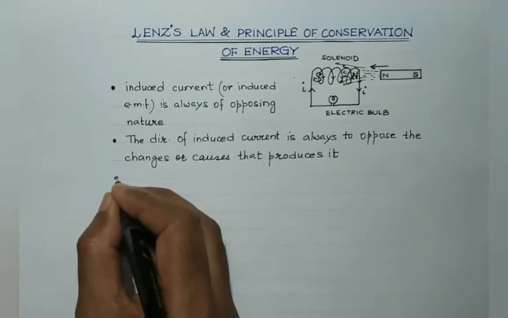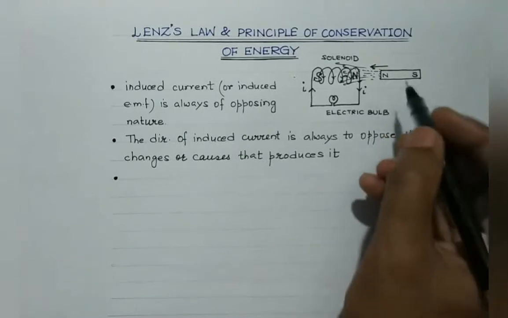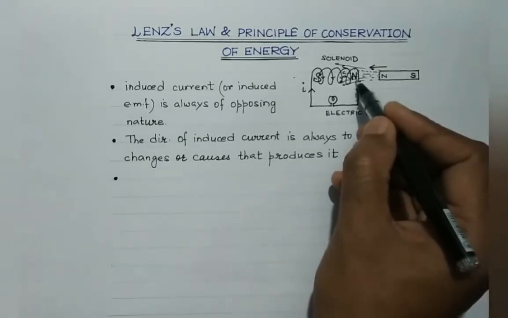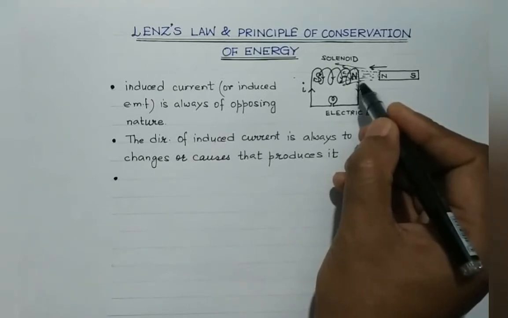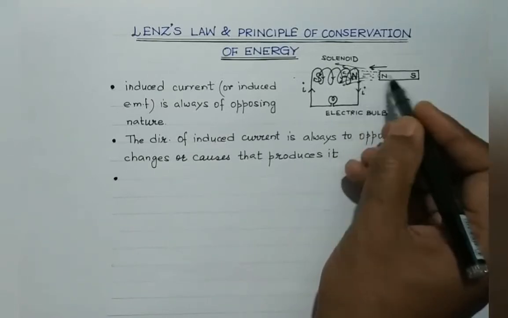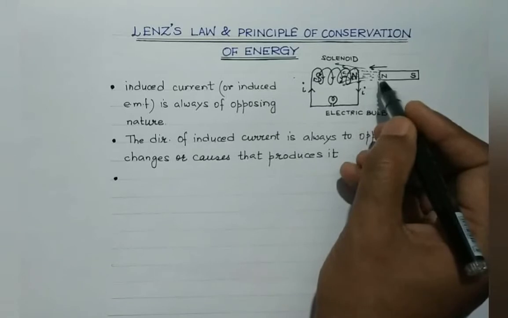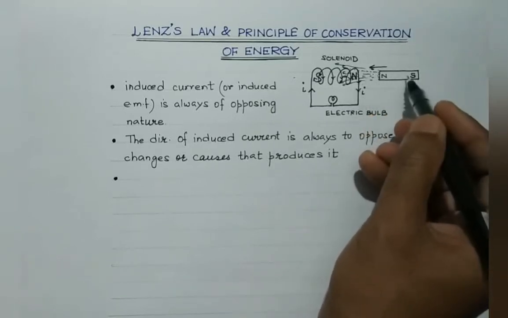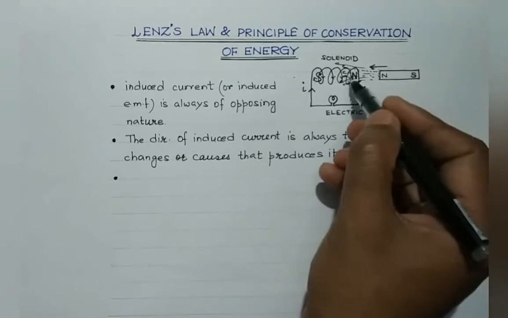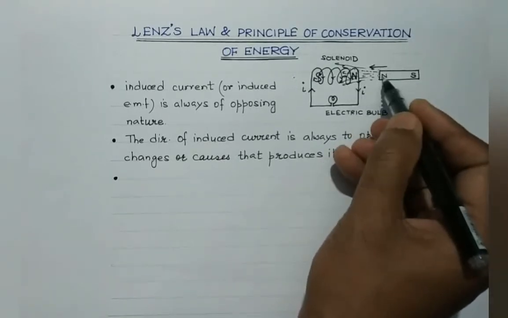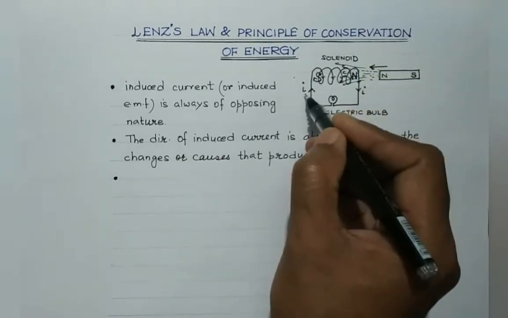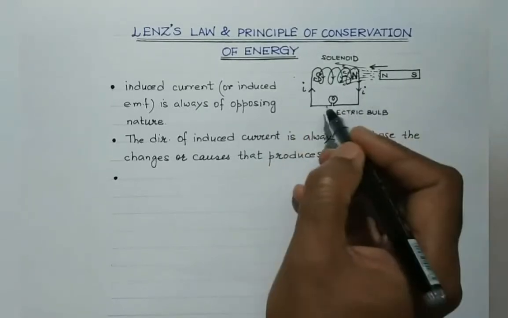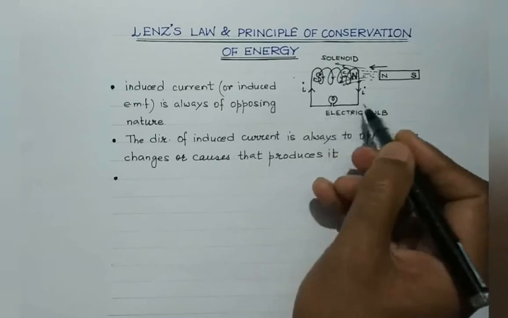And as I've stated, if this is the north pole of the bar magnet, this end of the solenoid must also acquire the similar polarity, so that there exists a magnetic force of repulsion. So the work done by this agent in moving the magnet closer to the solenoid against this magnetic force of repulsion gets converted into electric energy in the form of induced current, which then helps in making the bulb glow.